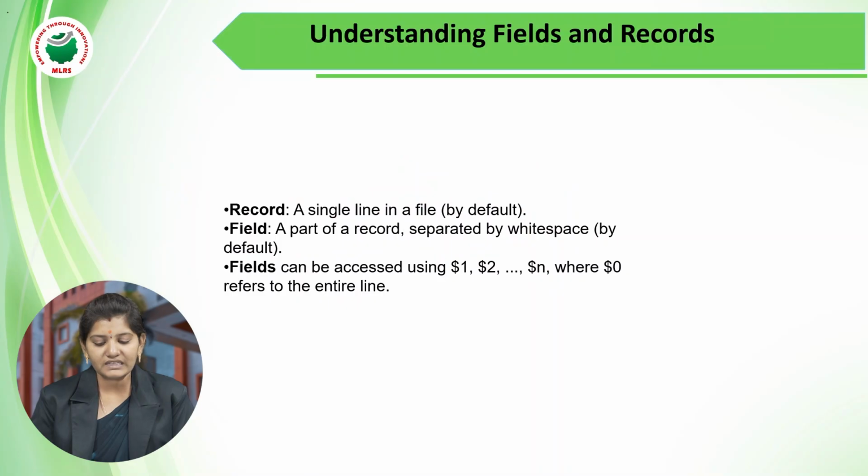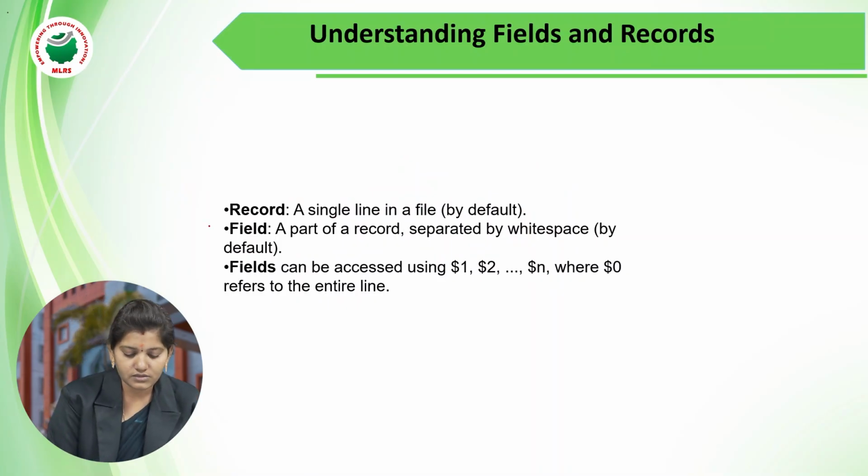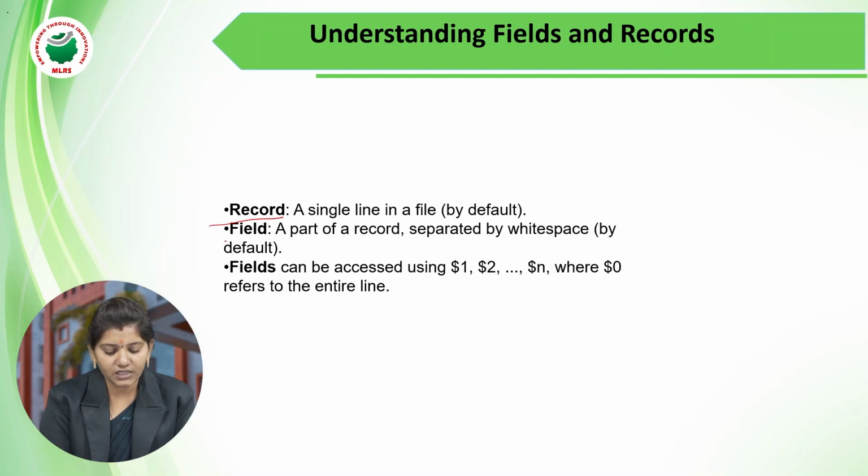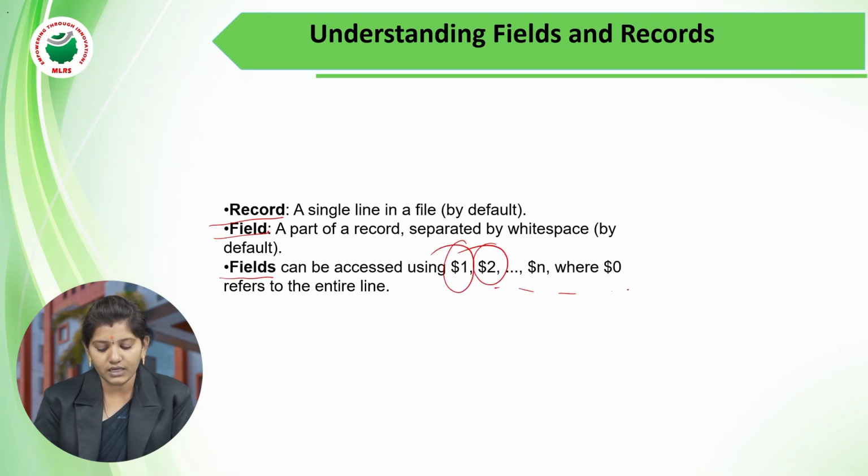And then coming to fields and records. In AWK, by default, a record is a single line in a file. A field is a part of a record that is separated by white spaces. Fields can be accessed using $1, $2 and so on up to $n, where $0 refers to the entire line.